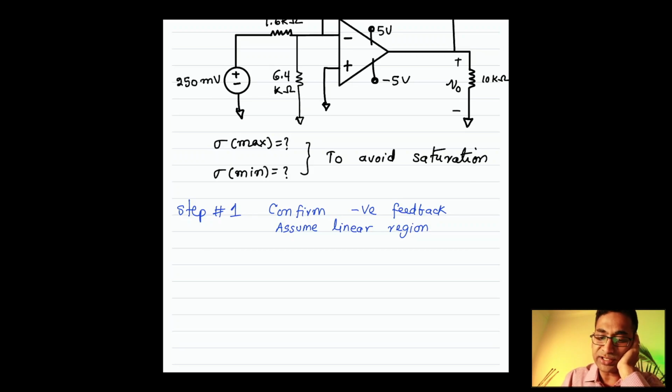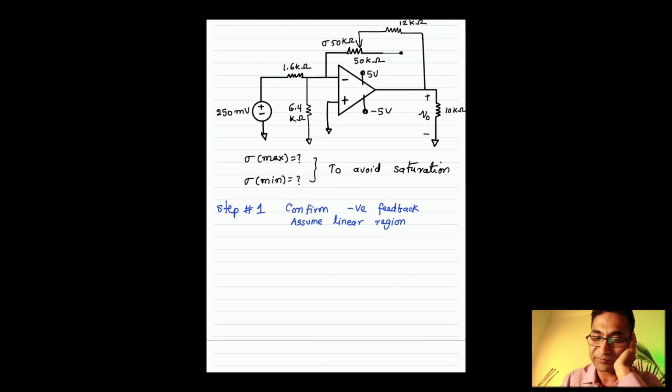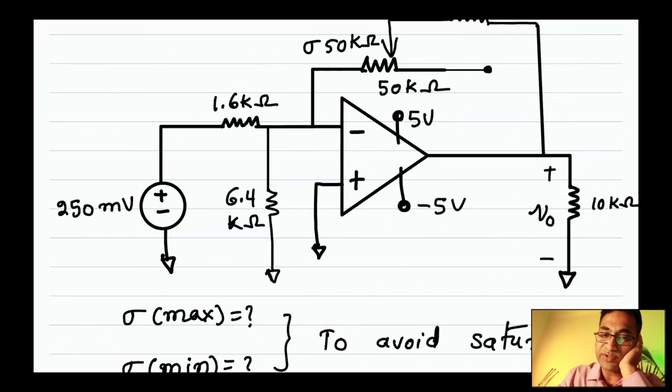That's step 1. What's step 2? Step 2, if you remember, is writing KCL. KCL at Vn. So Vn is this node here. It's a node, right?